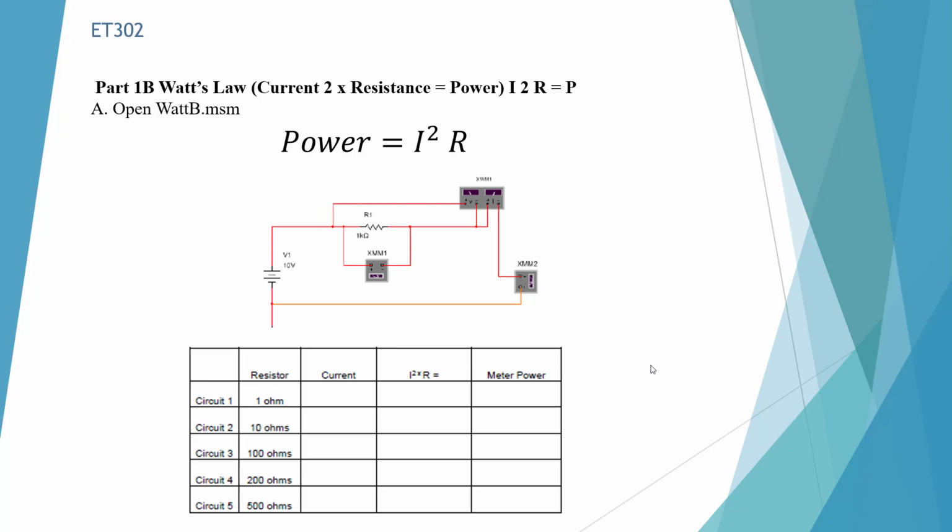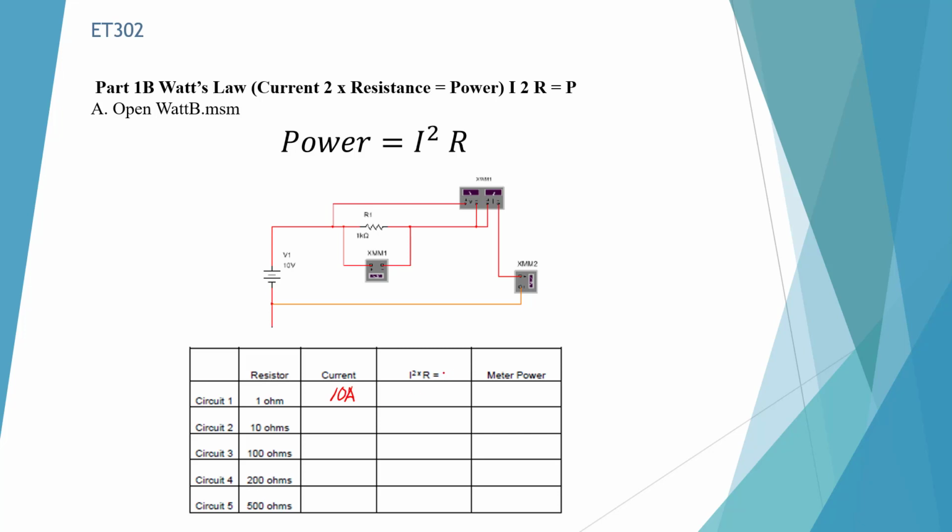Here we have the same circuit, and we're going to use a different formula. We're going to use power equals I squared R. Squared means we're going to multiply I times I, and then times the resistance. So let's go ahead and fill in the table, and then we're going to confirm it in Multisim. So we have the current would be 10 divided by 1 ohm, which is 10 amps.